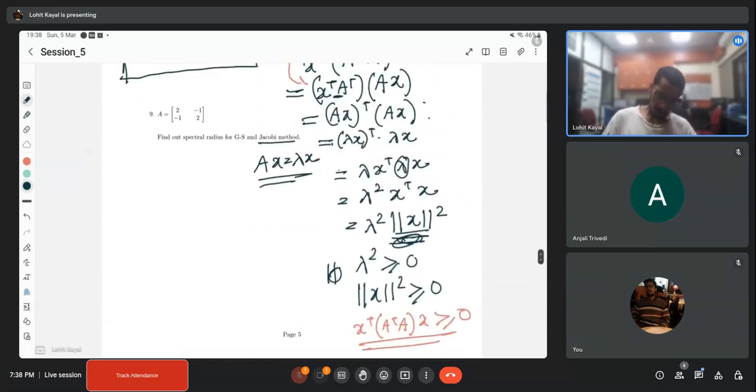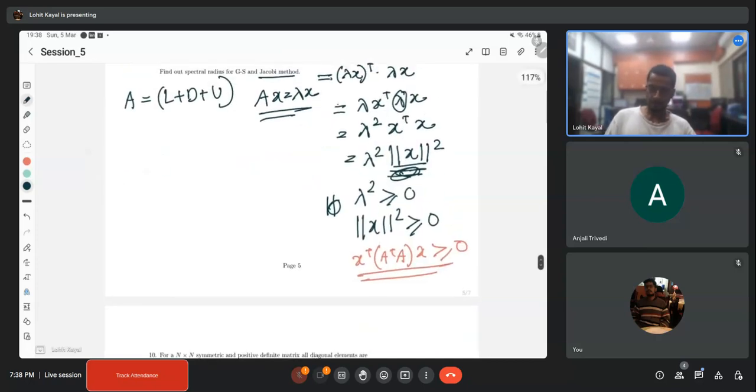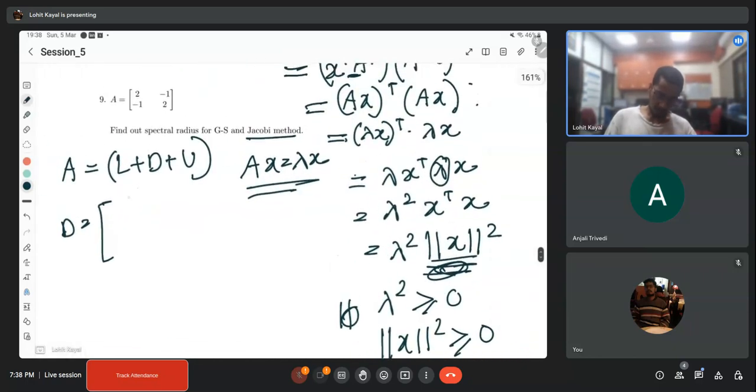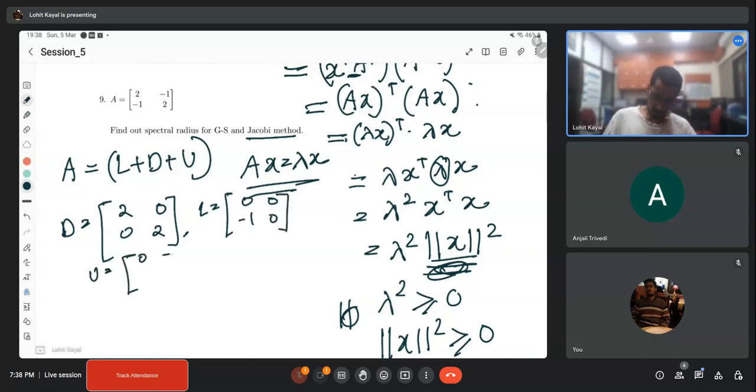But now for the method, any matrix I can divide as L plus D plus U. Here, for this matrix, D equal to [2, 0; 0, 2], L equal to [0, 0; -1, 0], U equal to [0, -1; 0, 0].